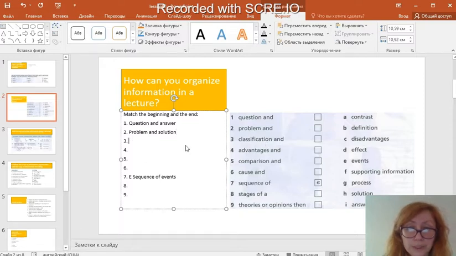For example, classification, and what could be suggested? Classification, and you have got some sort of classification and probably definition.